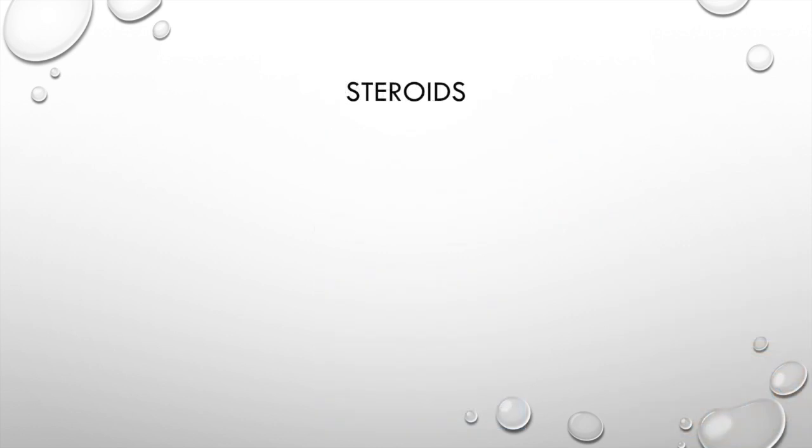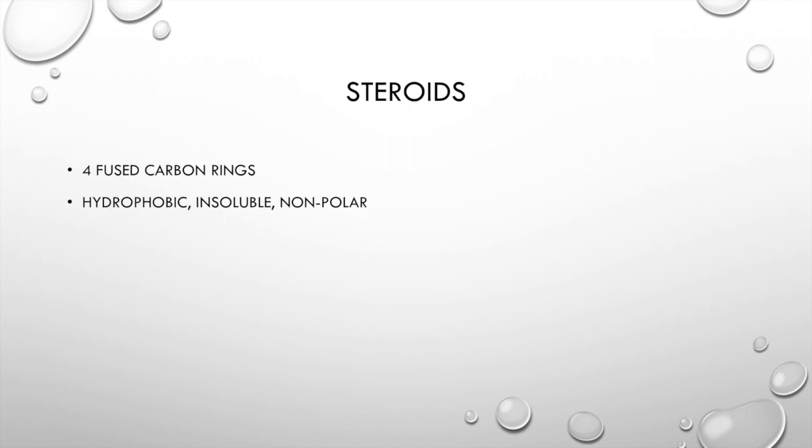The next type of lipid we're going to look at are steroids, and steroids are lipids with structures based on the framework of four fused carbon rings and a small acyl tail or a carbon chain. They're hydrophobic, which makes them insoluble and nonpolar, and they vary in the functional groups that distinguish one steroid from another.